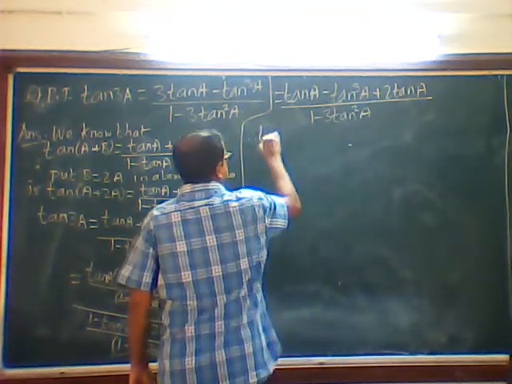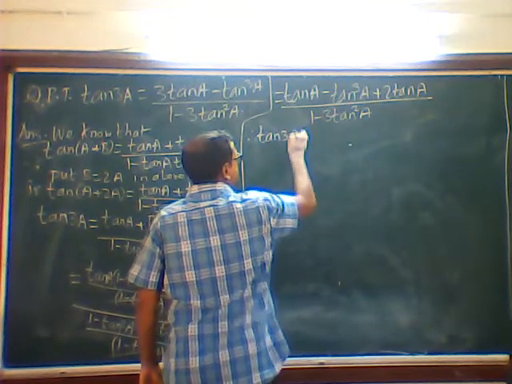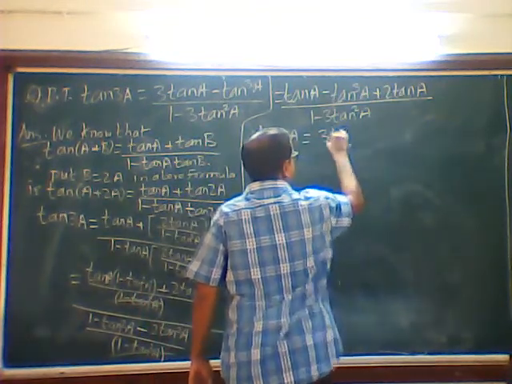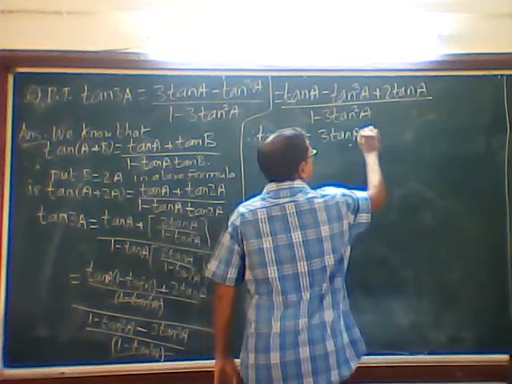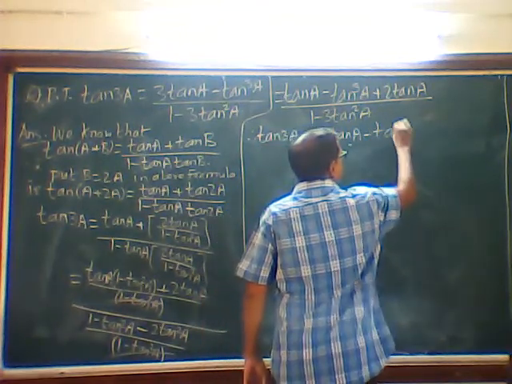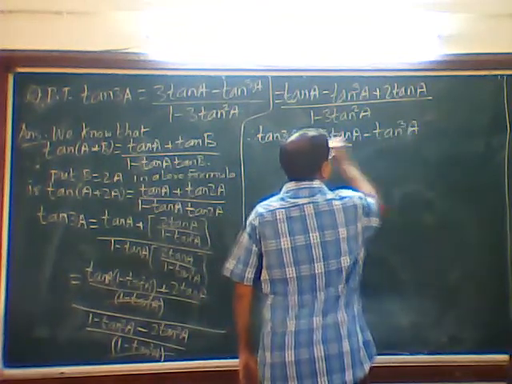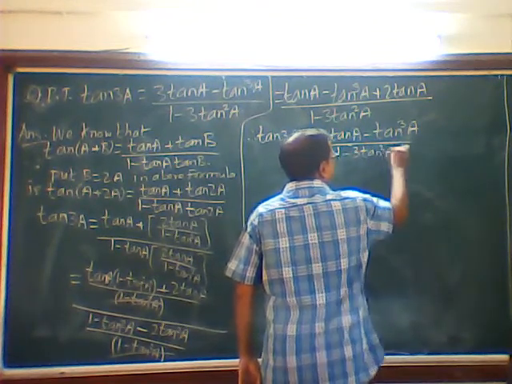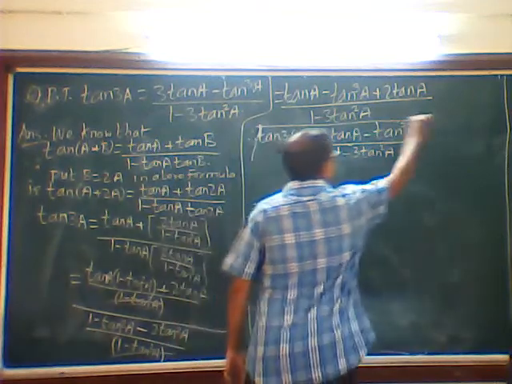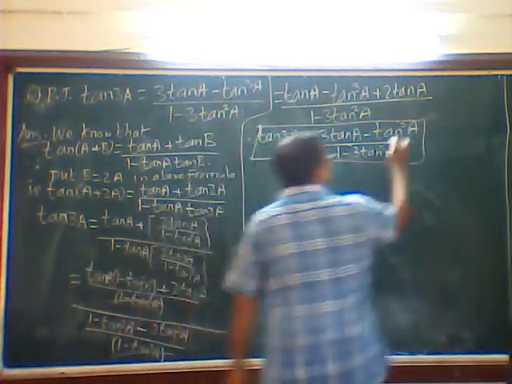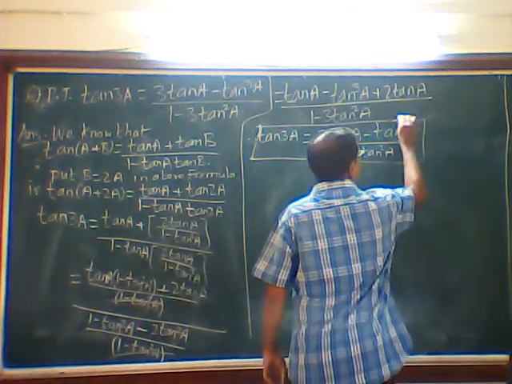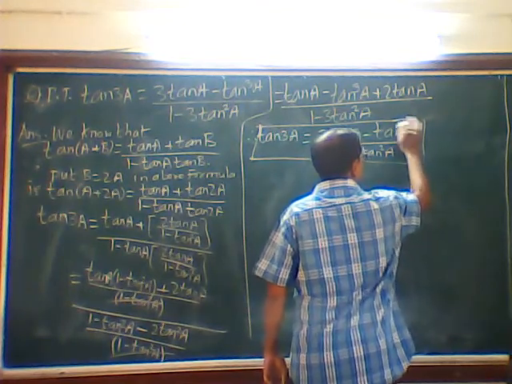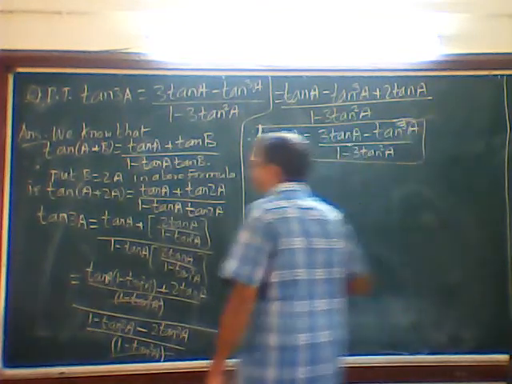Therefore, tan 3a is what? Tan a plus 2 tan a is 3 tan a minus tan cube a, whole thing divided by 1 minus 3 tan square a. Done. That is the answer.